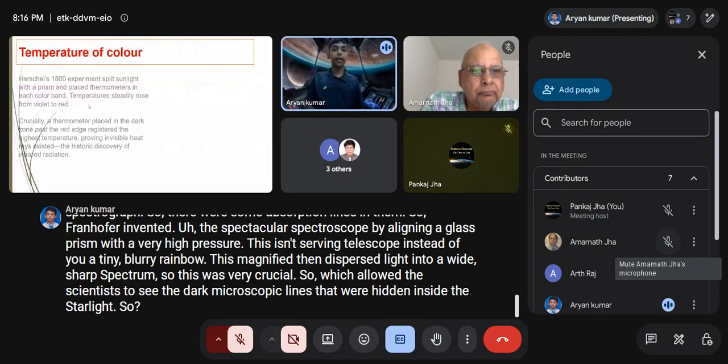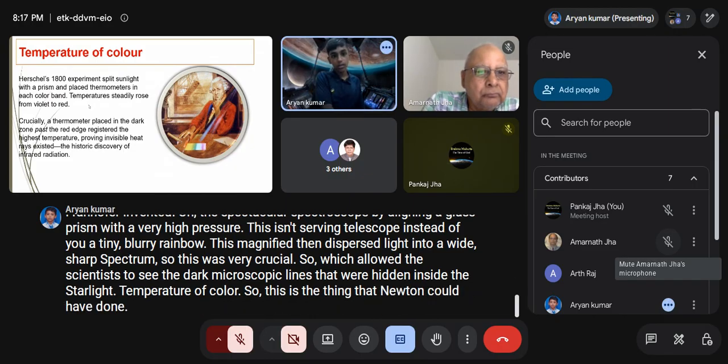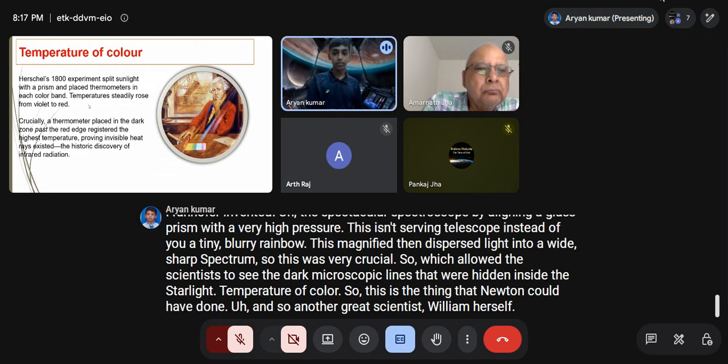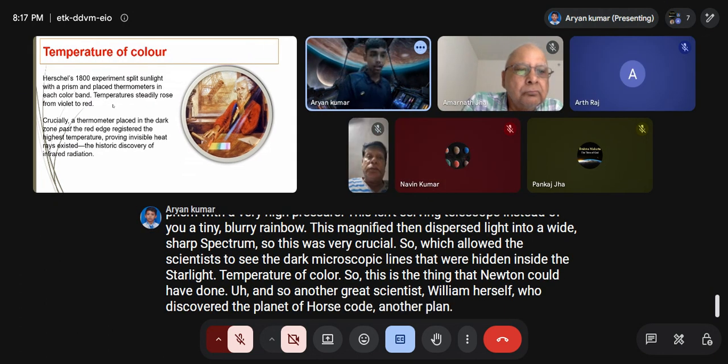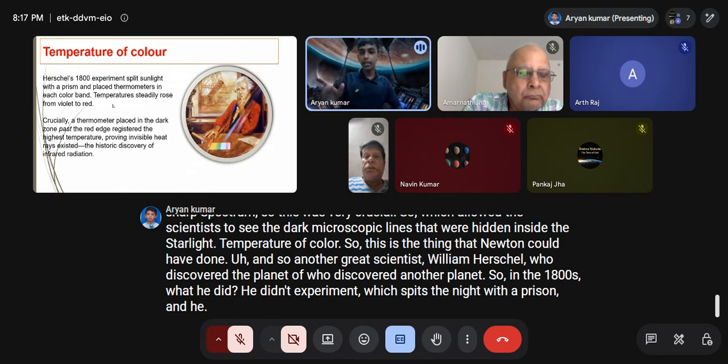So temperature of color. This is the thing that Newton could have done. Another great scientist, William Herschel, who discovered another planet. In the 1800s, he did an experiment which split sunlight with a prism, and he placed thermometers in each color band.